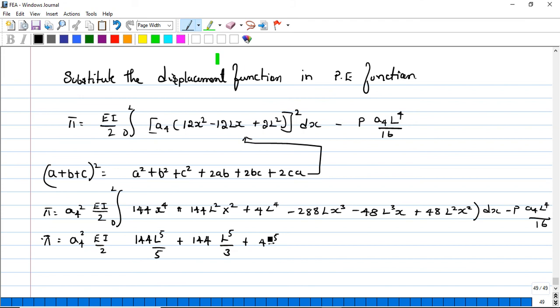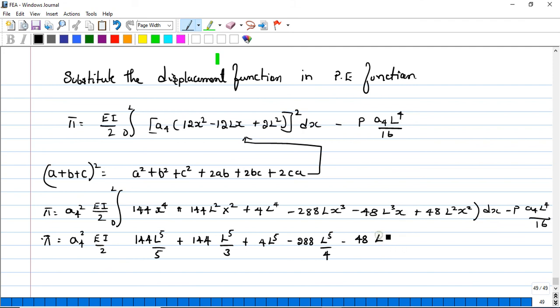Okay. In the same way, here minus 288. So this will be L to the power of 4 by 4. So that will be L raised to 5 by 4 minus 48. This will be L square by 2.